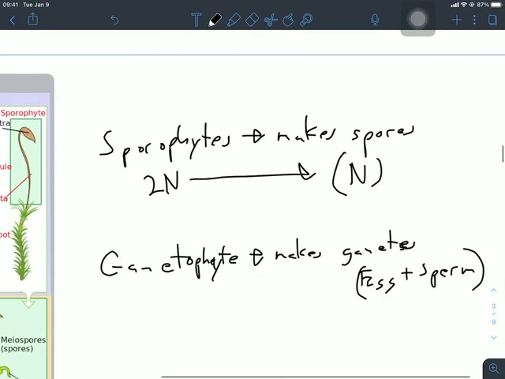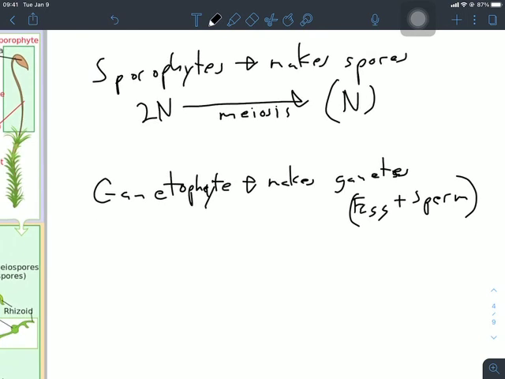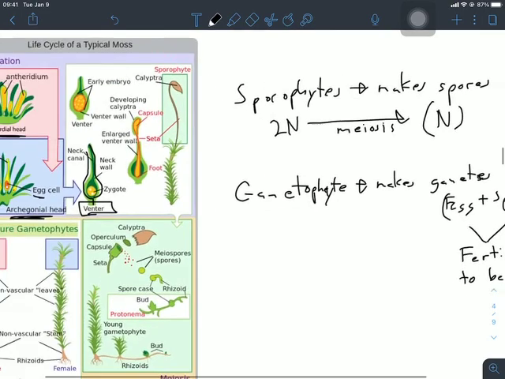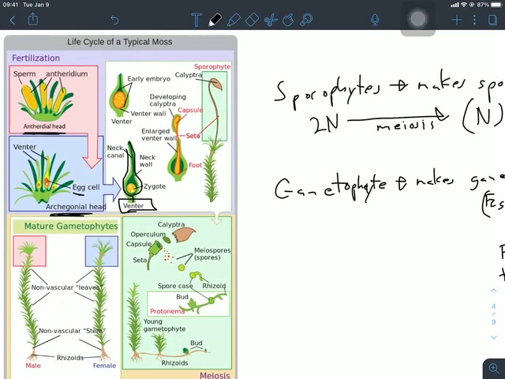In the sporophyte, you are performing meiosis to make your spores. And in the gametophyte, you are undoing the process when your egg and sperm fertilize to make our zygote. I promise, even though this seems kind of confusing, you will get there.